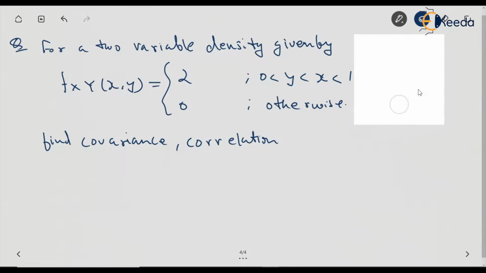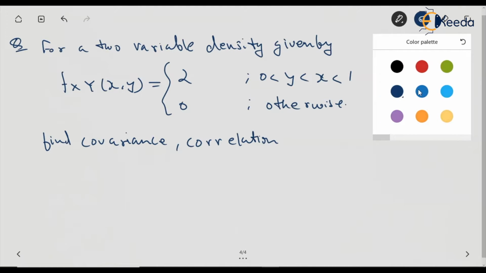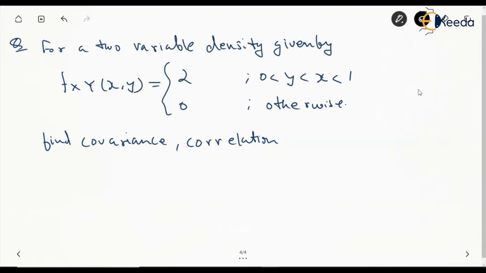This says that the variable is defined for 0 to y and y less than x, x greater than 1, which means the region for y is 0 to x and the region for x is 0 to 1. Why? Of course, this y cannot be more than x, so the upper limit is x, lower limit is 0. X has the lower limit of y and y has the lower limit of 0.